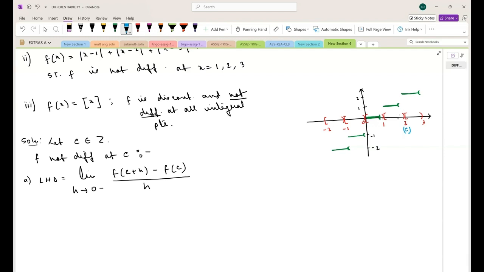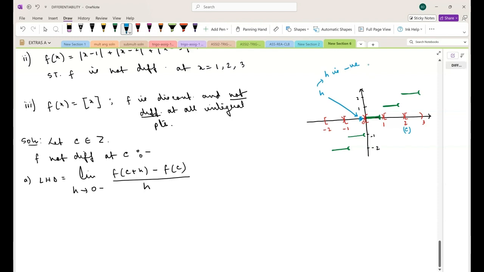Now, what happens? When h approaches 0 from the left, then your h is here. Here is your h, right? That means h is negative. Okay.